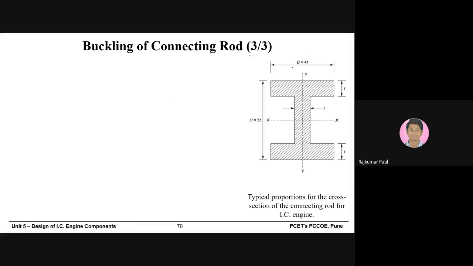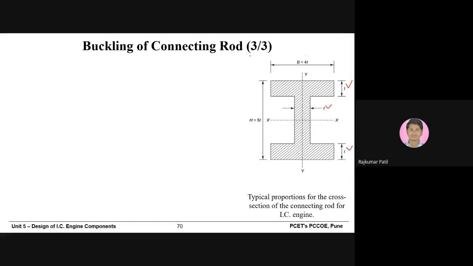Now this is a typical cross section of a connecting rod, and the proportions for the cross section of a connecting rod for an IC engine are given. So t is the thickness of that I cross section, and that is the same all over.